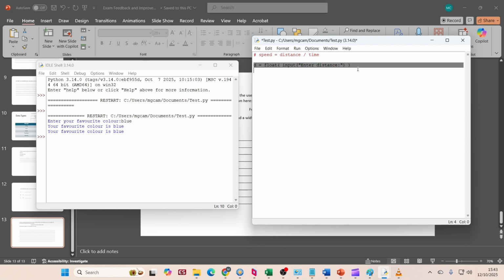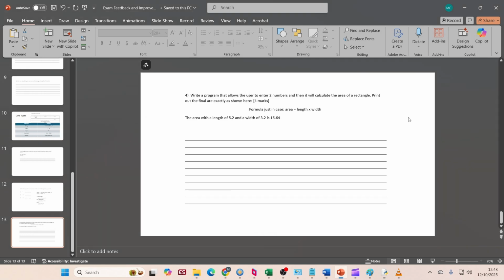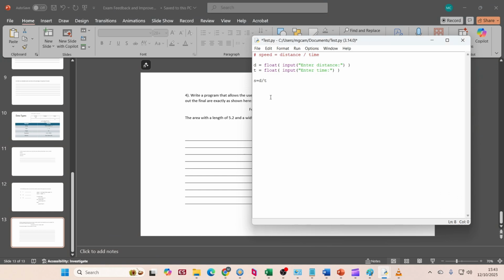Then I get them to enter the time. And then I work out the speed equals distance divided by time. Now this one had a specific way it wanted it printed. It wanted it printed like that. So I'm going to do something similar. Print, use a formatted string with a distance of D, and notice the curly braces, and a time of T. The speed is S. There you go.